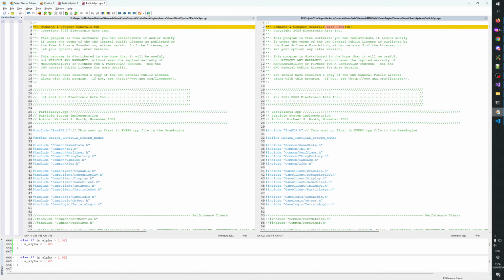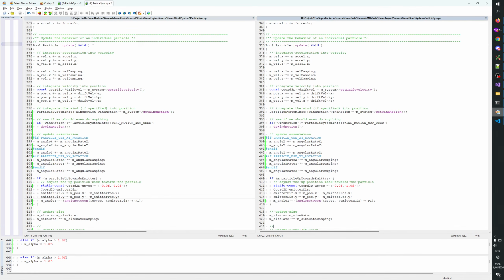Now there will be compile errors in Generals because of the removed drawable.